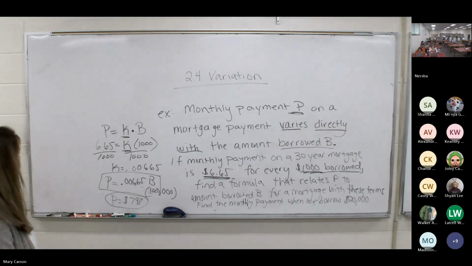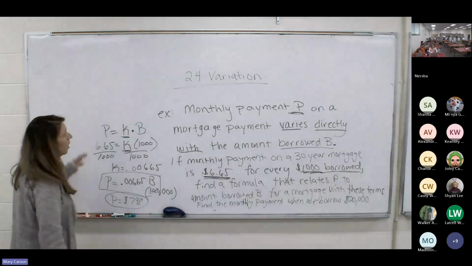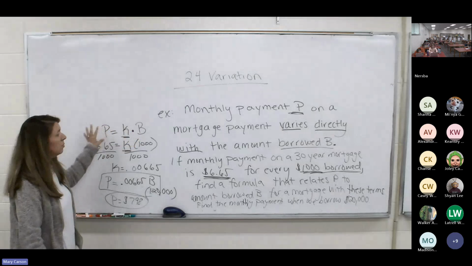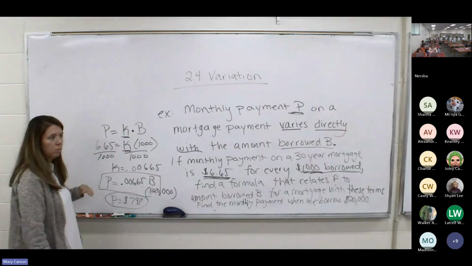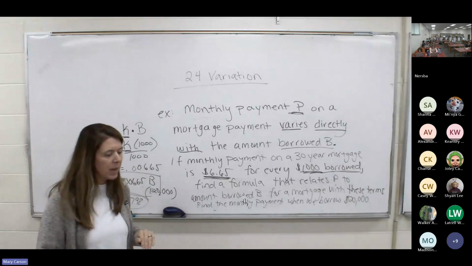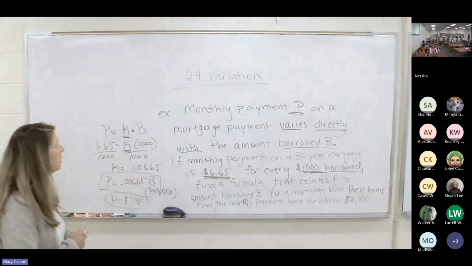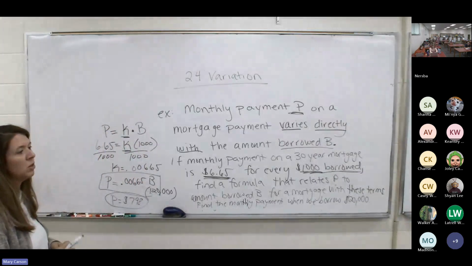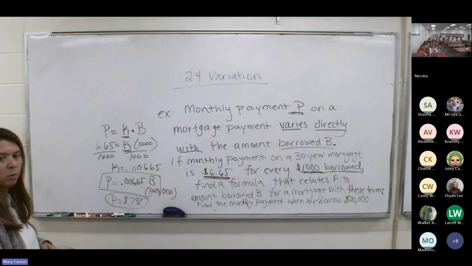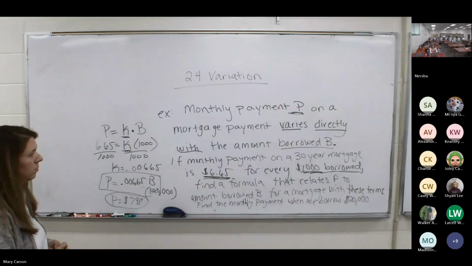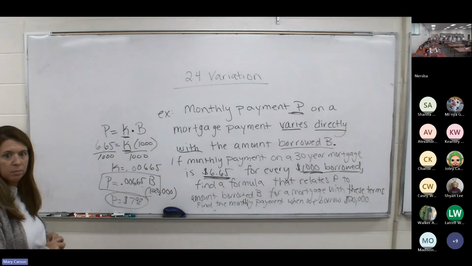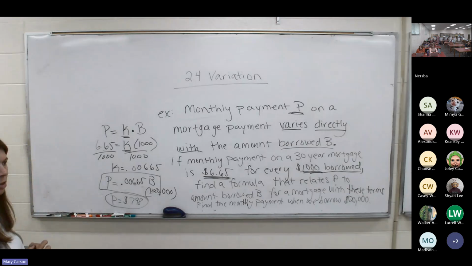So a lot of these problems is just setting up the formula first and then plugging in what you know. The next one we're going to talk about is inverse variation. It's similar, except with inverse, you think of divide. So when you see the word inverse, you're going to divide. Everybody got this down? I'm going to move to the next definition.